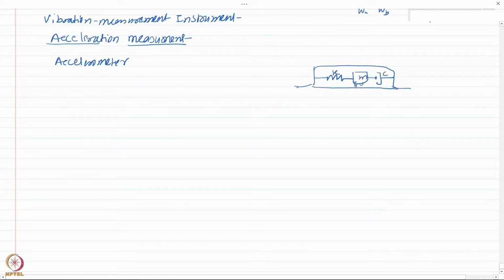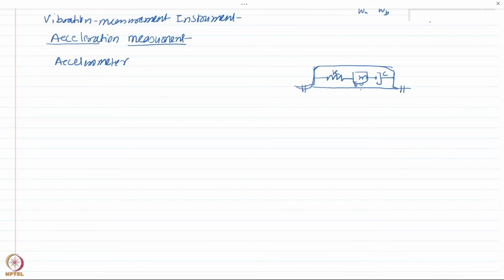If I have to measure acceleration at any point on the structure, all we do is take this small box and connect it rigidly to that surface. So this provides us the acceleration of the connecting point. And how do we do that?